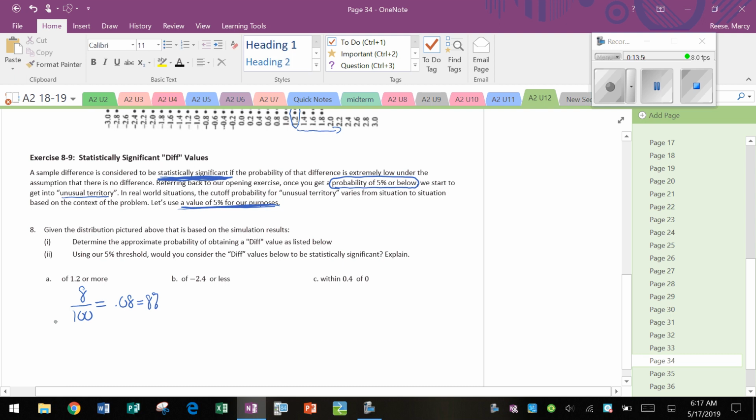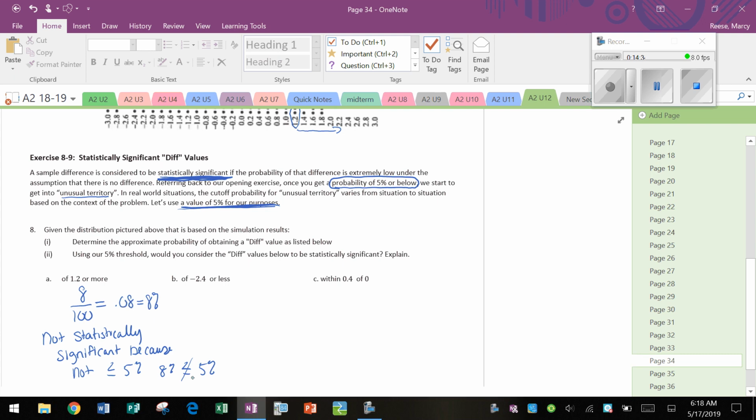And I would say that is not really statistically significant, because, and I'd probably do it just like this, it's just not less than 5%, or you could say 8% is not less than 5% with a slash through it, or something like that, right?